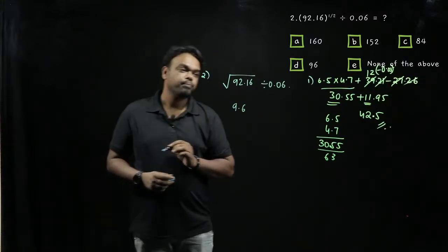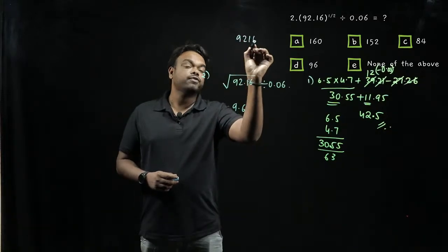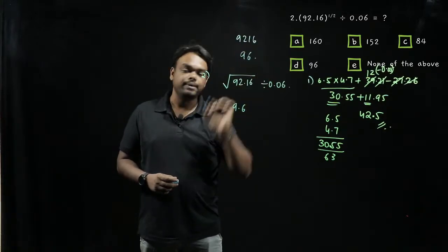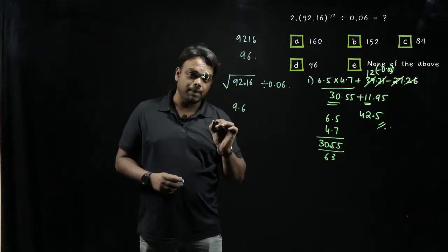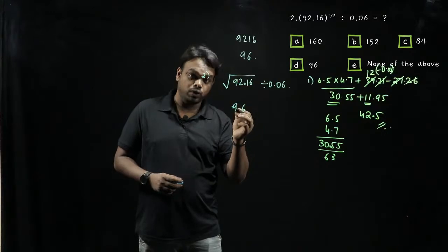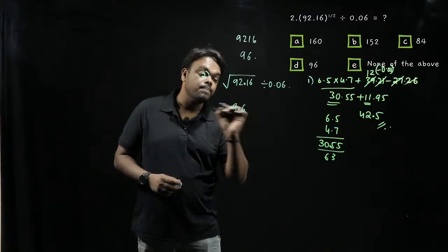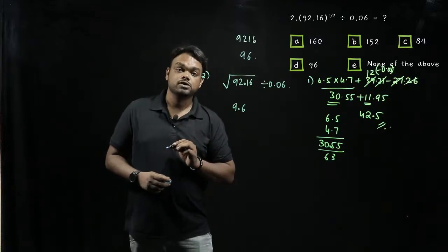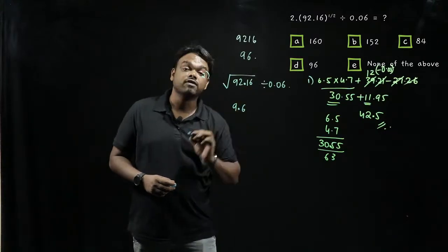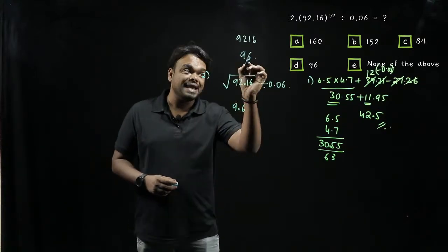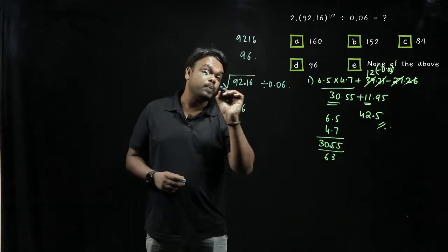How? First we need to calculate the square root of 9216. If you do this, you will get 96, right? Inside the root, if there are 2 digits after a decimal point, when we bring this out there will be only one digit after the decimal point. So for 92.16, its root will be 9.6. How I calculated this, we learned yesterday, and it is already explained in the speed maths videos.